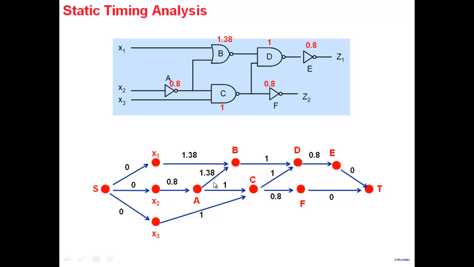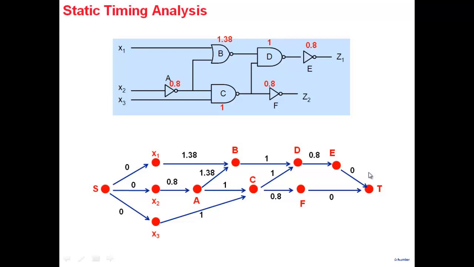Now I may end up finding a worst case path in my circuit, but it may be possible that there is no input vector for which that worst case path is activated. That is a real possibility. I may find the worst case path, but that worst case path never gets activated for any input combination.